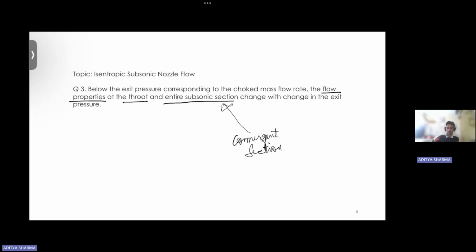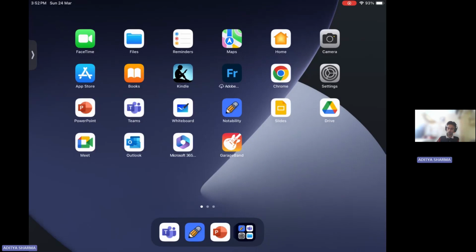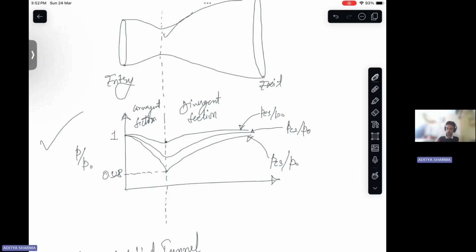So the question tells you to remain below the exit pressure that corresponds to a choked flow.